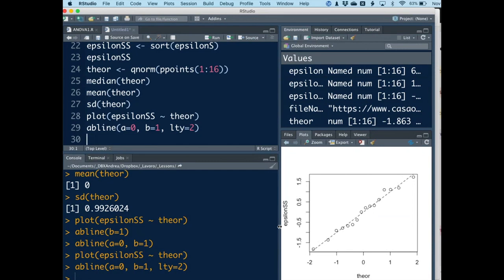And I drew the diagonal so that we can see whether our points are on the diagonal. Here we see some deviations, but they are slight deviations. Again, we cannot have precisely Gaussian points. Our theoretical points are precisely Gaussian because we drew them like that. But when we sample, we have a sampling error. But that's not more than sampling error.